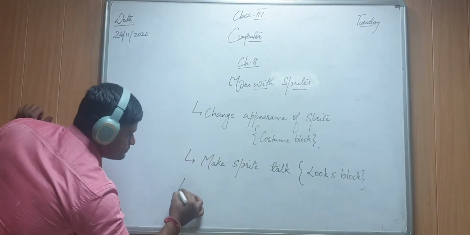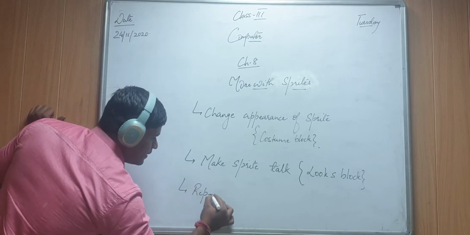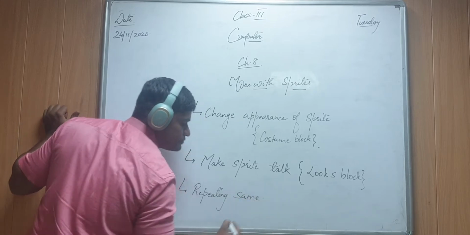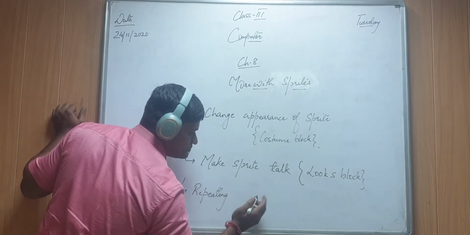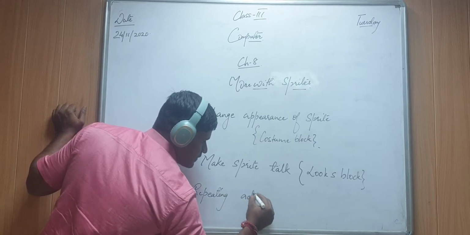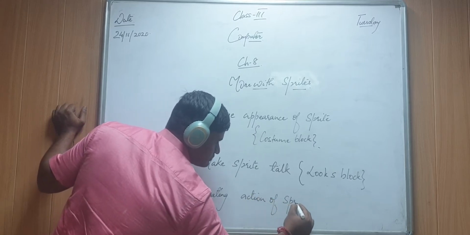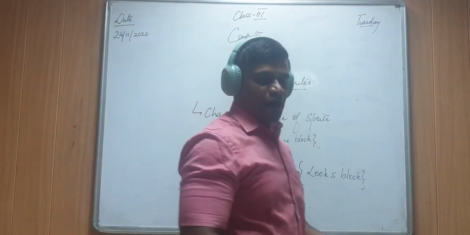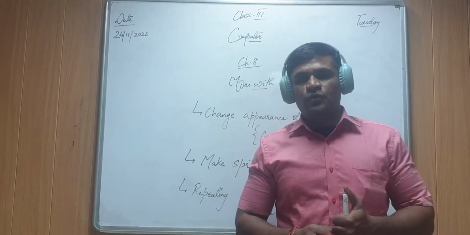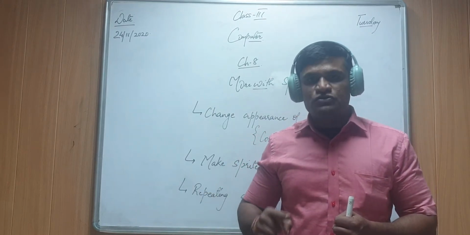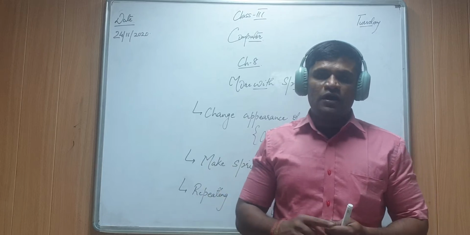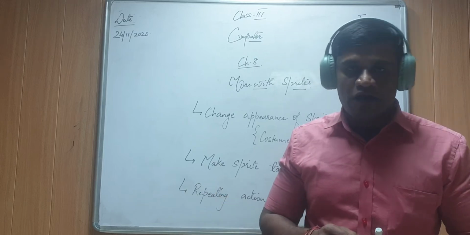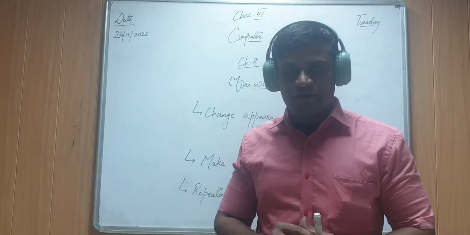Third is repeating the same action, or repeating actions, of the sprite. A certain action we have done in previous programming itself, where the cat was rotating, or walking, making a colorful line trail behind it.